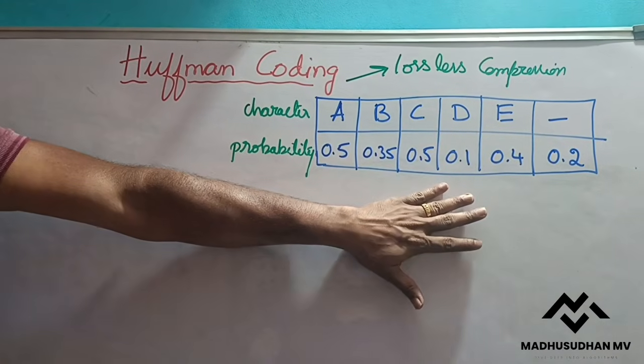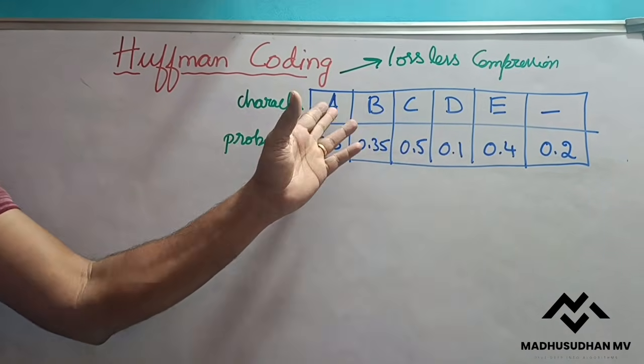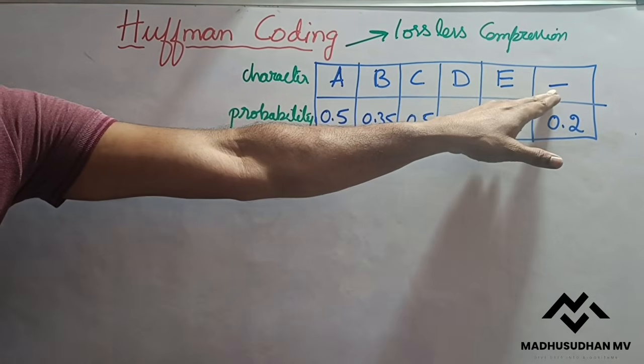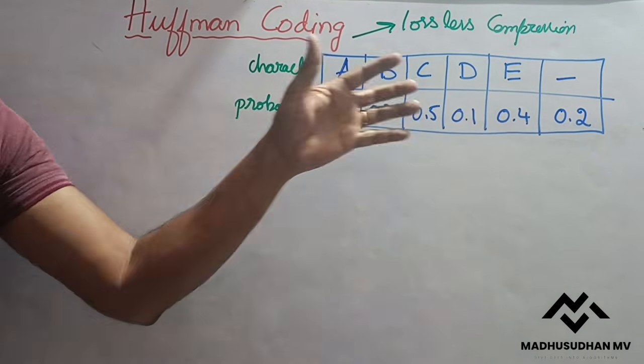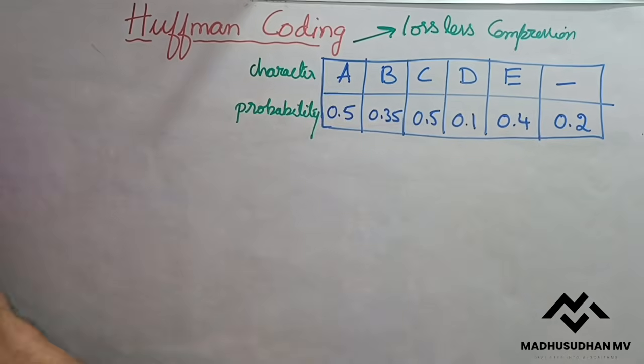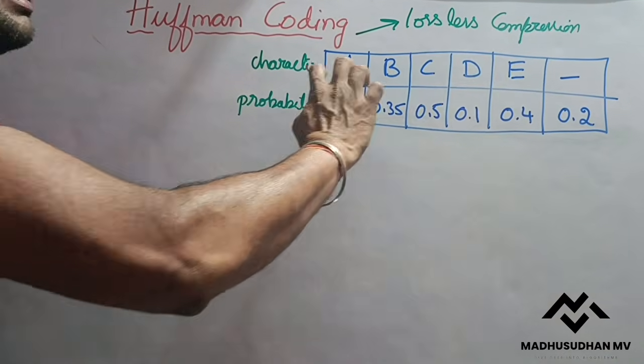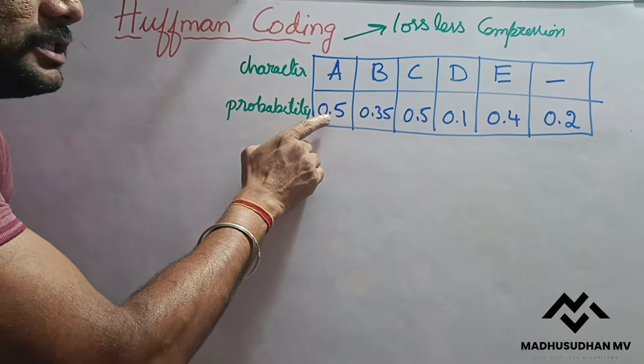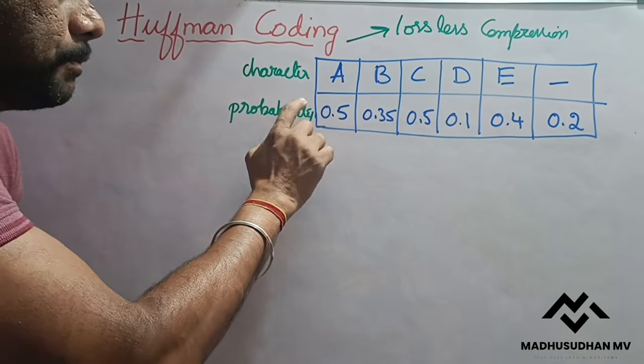This is the given problem. In this example, I have taken 6 simple characters: A, B, C, D, E, and an underscore. These are the characters appearing in my text. Assume I am using only these characters. The probability of occurrence of A is 0.5, that is 50%.